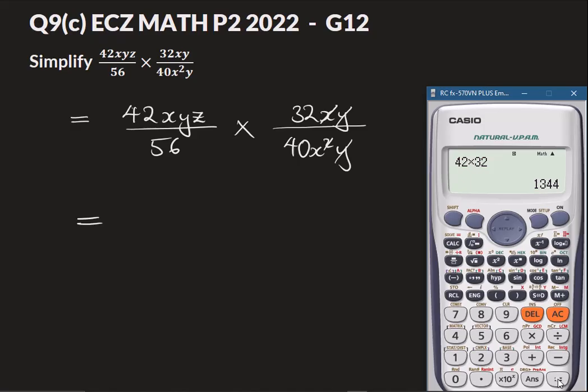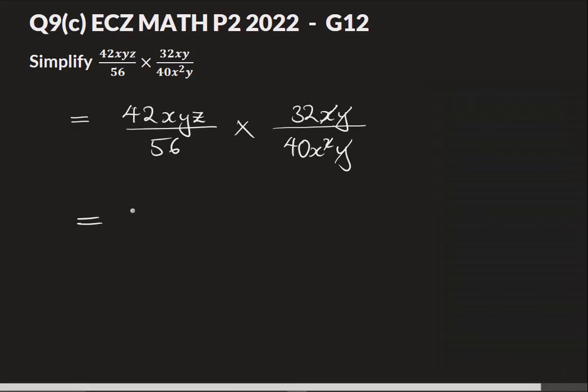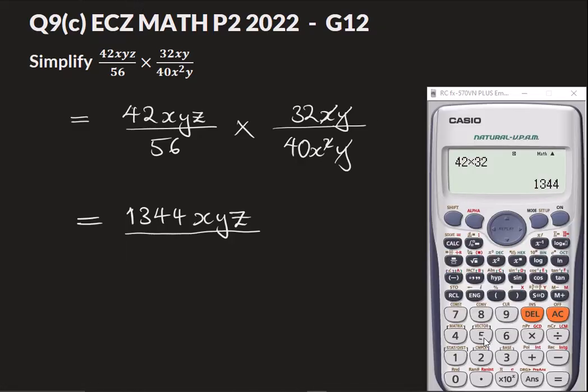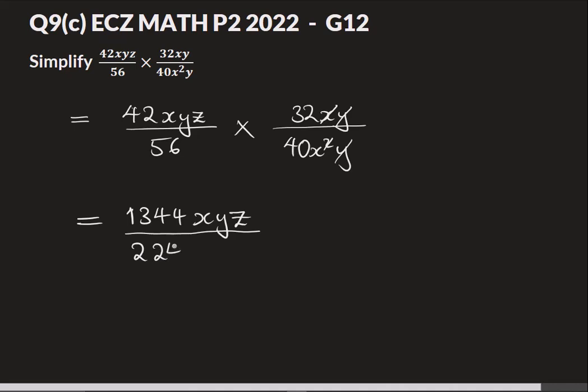That gives us 1344. So 1344, we have x, y, and z. And then we also multiply the denominators. We need 56 multiplied by 40, which gives us 2240. So we copy 2240.